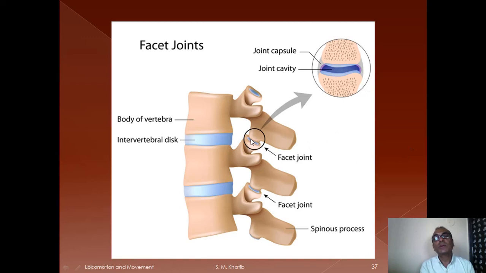Synovial joint, that is called facet joint, or it's also known as the gliding joint, because these two can glide past each other. So that's why the bending movements on either side of our backbone are freely brought about.